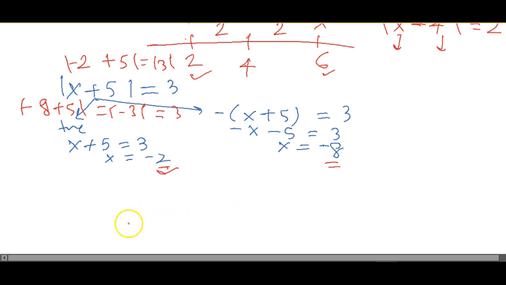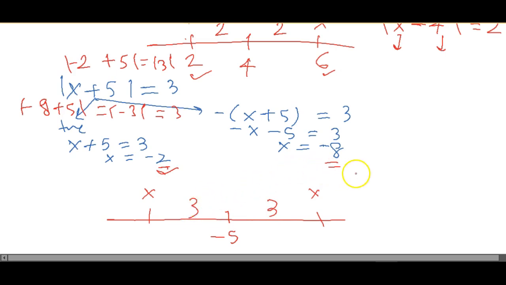When I am representing this on a number line, we are basically checking the distance of point x from minus 5, and the distance should be equal to 3, because our equation was mod of x plus 5 equal to 3. Now, in one go, we got the answer.